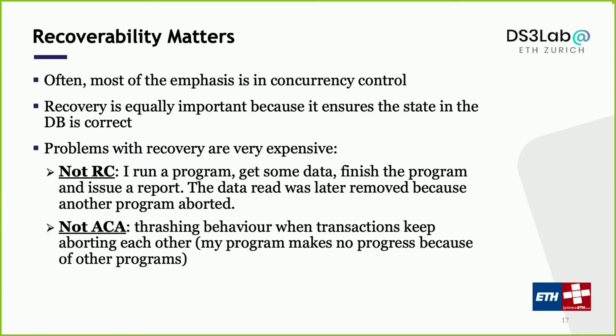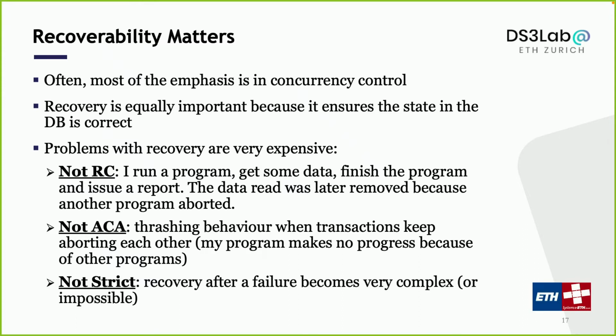If something is not ACA, you could have thrashing behavior, where transactions keep getting aborted because other transactions abort. You are being penalized because some other transaction has a problem, which is very weird behavior. And if something is not strict, recovering from failure could be very complex, if not impossible.